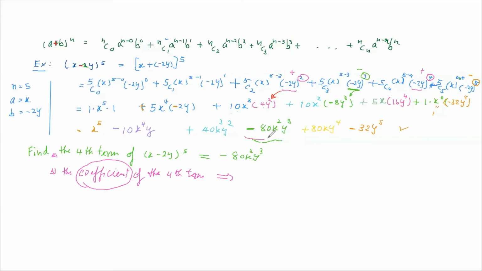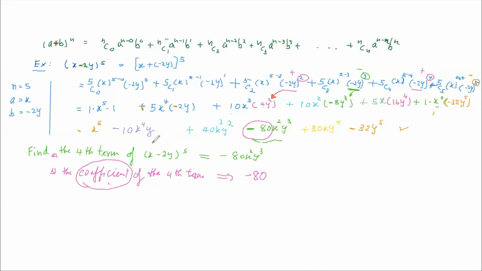So you answer only this, negative 80. This is the coefficient. If they ask for the fourth term, you answer the whole thing, but if it's the coefficient, you get only the number, including the sign, in front of the variables x and y.